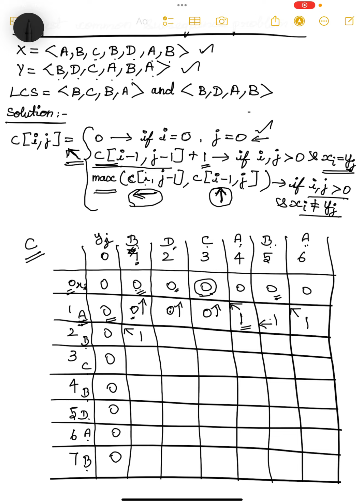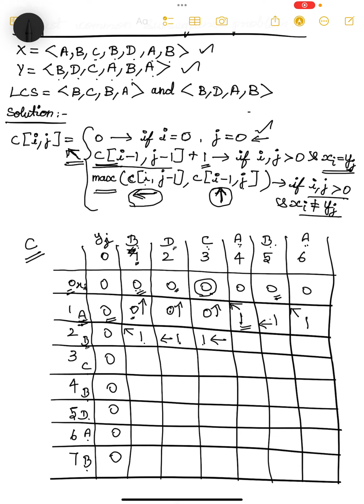Here D and B. D and B both are not same. So this value I am taking and putting the horizontal arrow mark. Here C, here B, both are not same. Maximum is 1 only. 1 and this horizontal arrow mark. Here A, this is B, both are not same. Maximum of this value or this value must be taken.